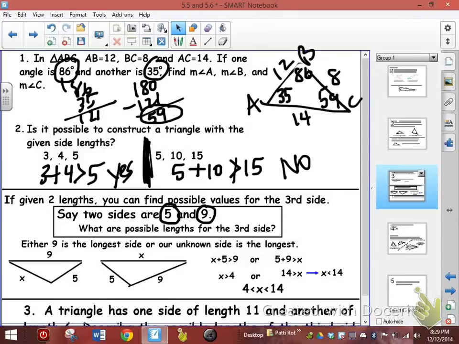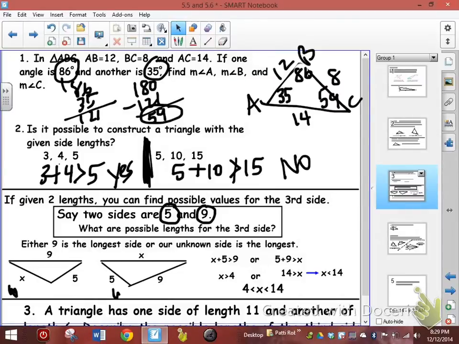So I've drawn two pictures down here, where in the first picture I have 9 being the longest side, and X represents a side that's smaller than the 9. And the other situation is where that missing side could possibly be the longest side.